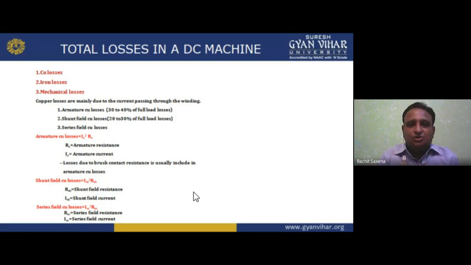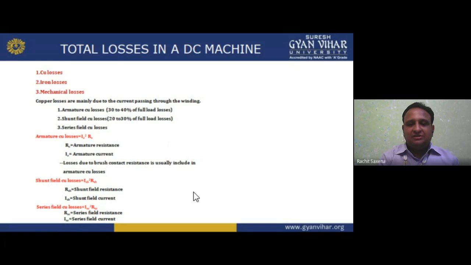Ish square Rsh is for shunt field, and Ia square Ra is for armature. So armature copper loss, and field copper loss, that is of two types, shunt and series, and compound we can say the whole, whole means shunt and series both.